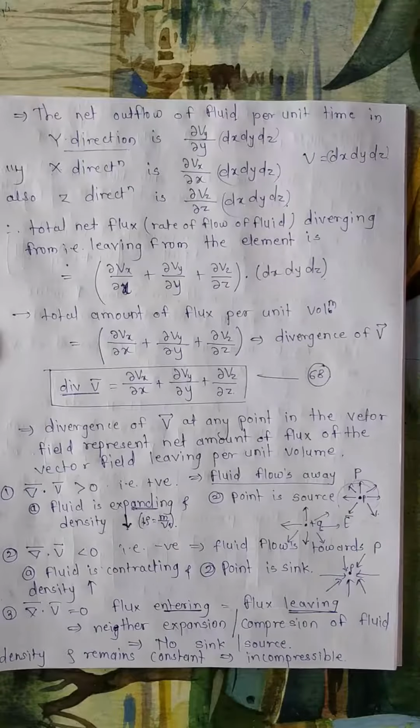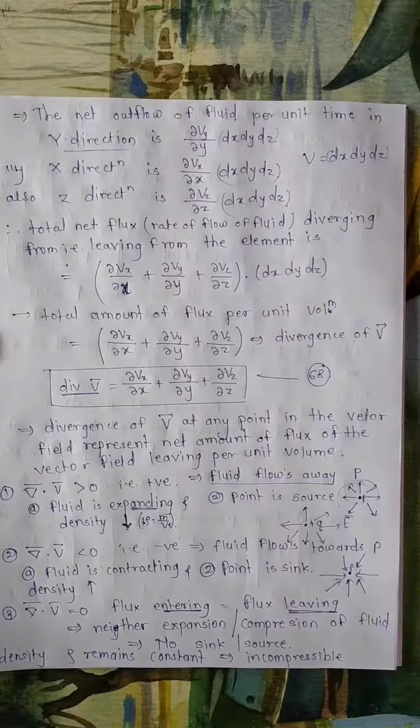An example is magnetic induction due to a current carrying conductor, which represents flux lines forming closed curves, and this is the incompressible case, that is, divergence is zero.